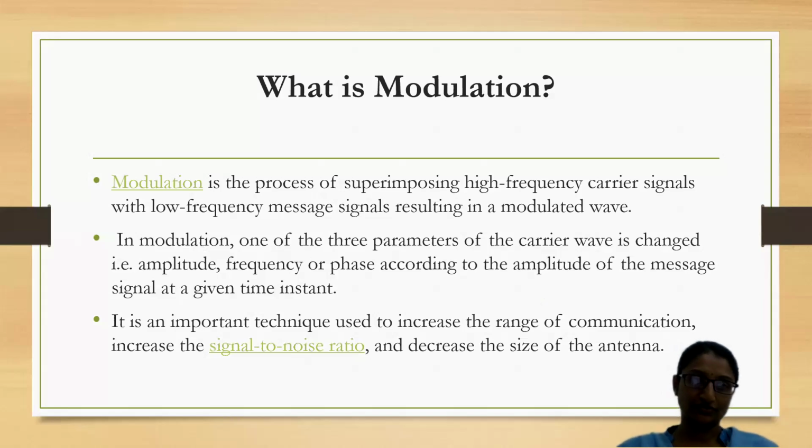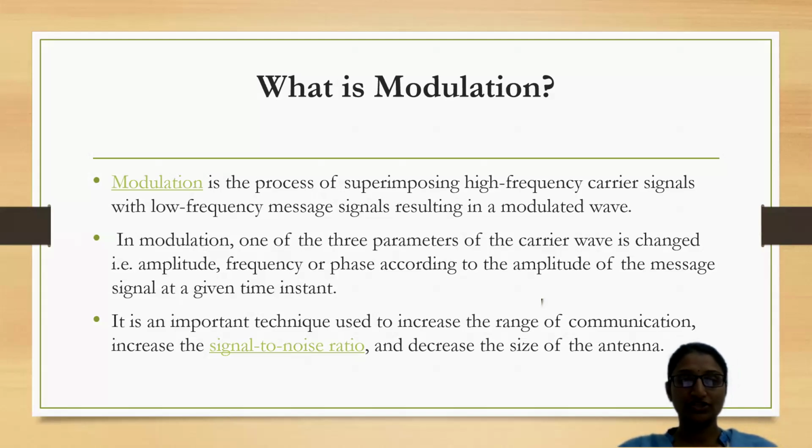What is modulation? We have to know this. The modulation is the process of superimposing high frequency carrier signals with low frequency message signals, resulting in a modulated wave. So that means high frequency carrier signals are superimposed so that we get a resultant modulated wave.